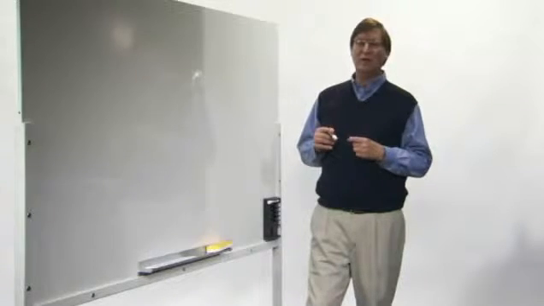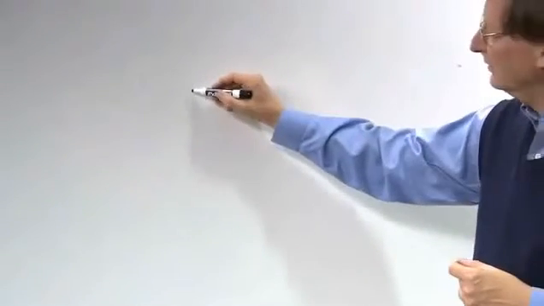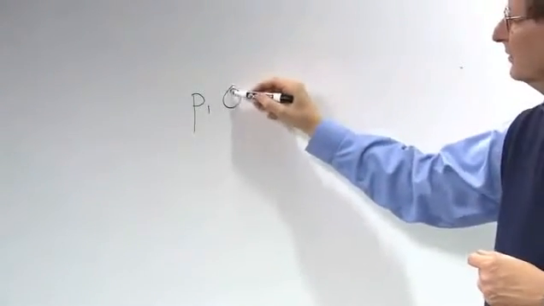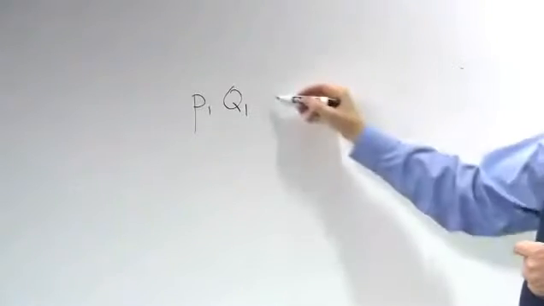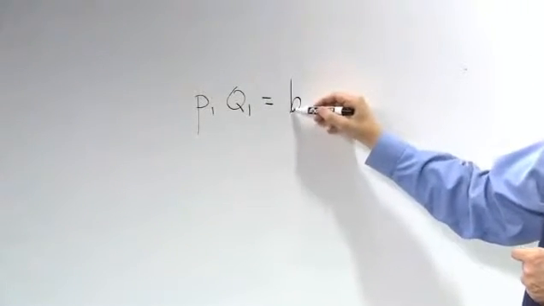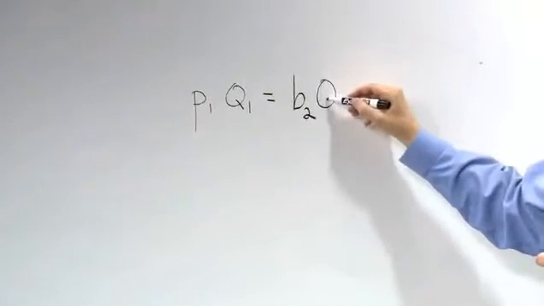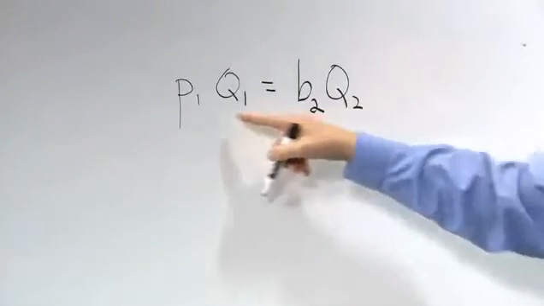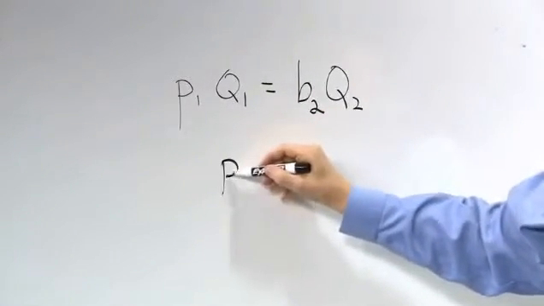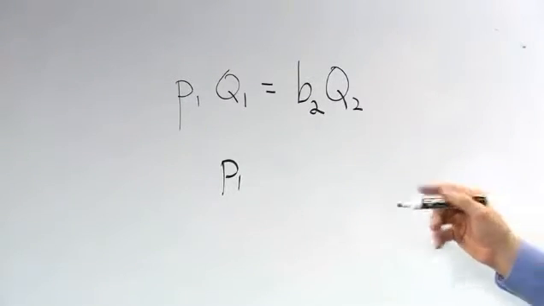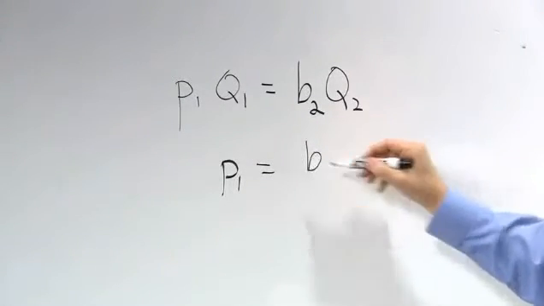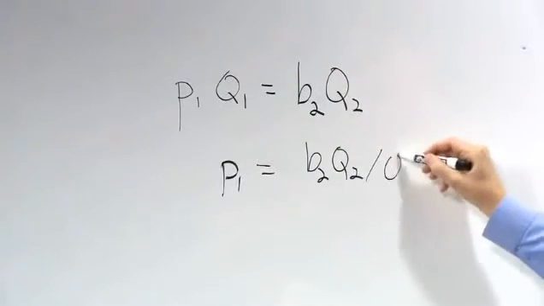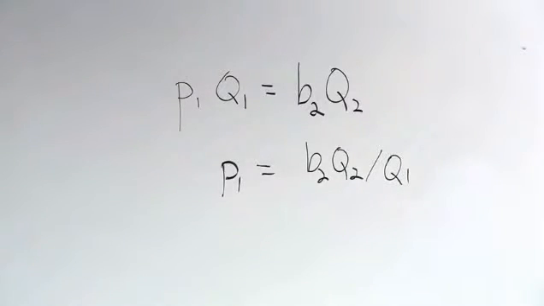And the amount that advertiser 1 has to pay is determined by: here's the price he has to pay, times the quality of advertiser 1, is going to be just enough to beat advertiser 2, who bids B2 and has quality level Q2. So if you solve that equation, the price that advertiser 1 has to pay, his actual CPC, is going to be the ad rank of the advertiser below him divided by the quality score of advertiser 1.